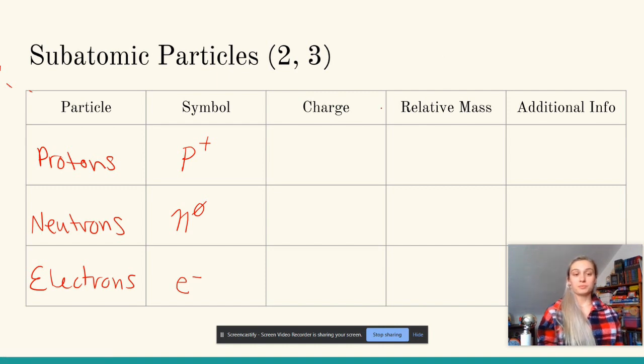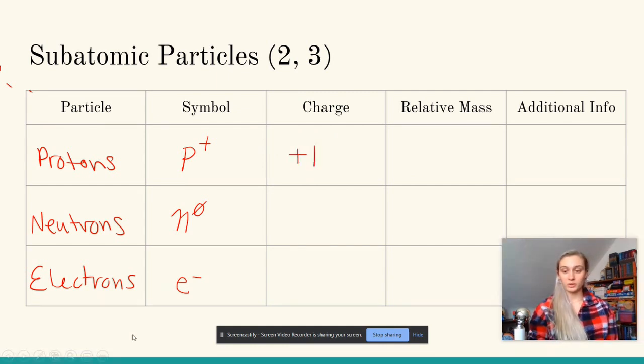And then the symbol already kind of gives it away, but our charges here: protons are positive, so those would be +1. Neutrons are neutral, so they don't have a charge at all. So those are just 0, zip, zippo. And then finally, we have electrons, which are negative, and those are -1.